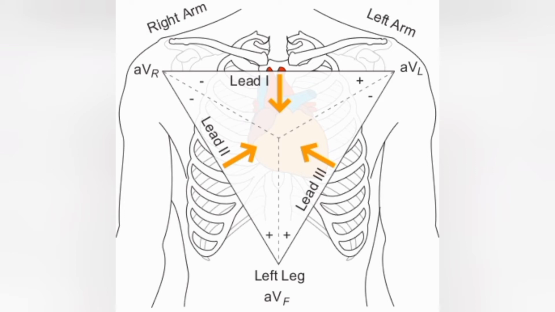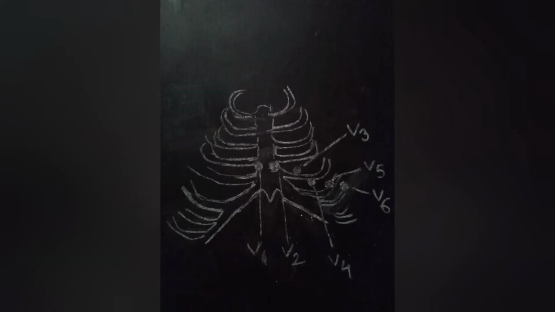Another 6 electrodes are placed in standard positions on the chest wall, giving rise to the 6 unipolar leads known as precordial leads: V1, V2, V3, V4, V5, V6. Chest leads are recorded using the difference between the respective lead and an estimate of zero potential derived from the average potential recorded from the three limb leads.